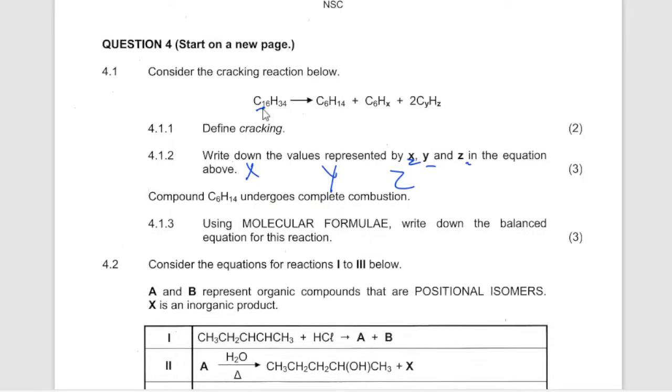Carbon, 6 carbon. This is 16, so it's 6 plus 6. 6 is equal to 6 plus 6, so that's 12.